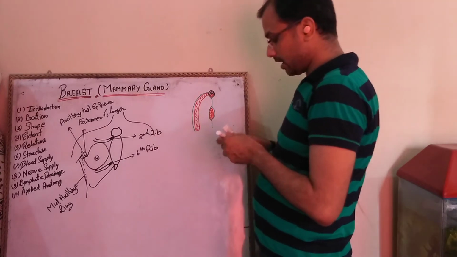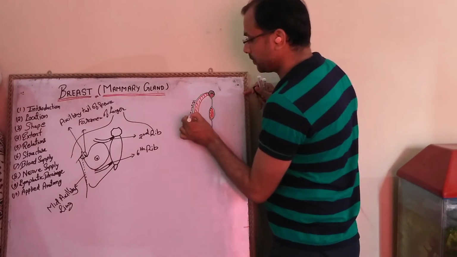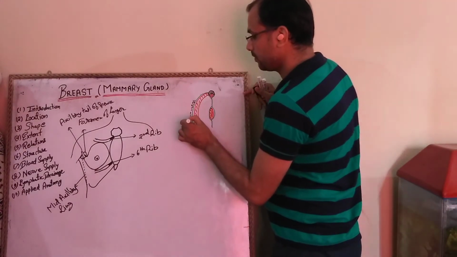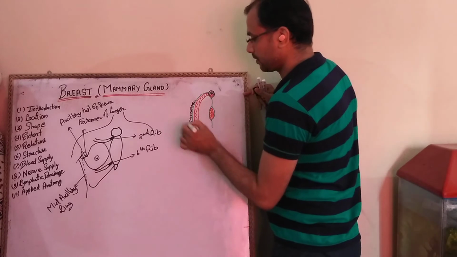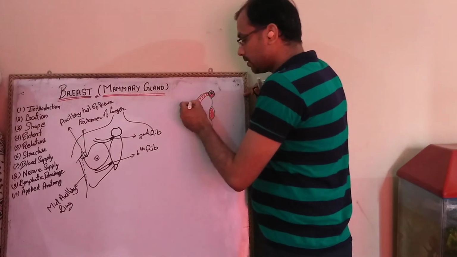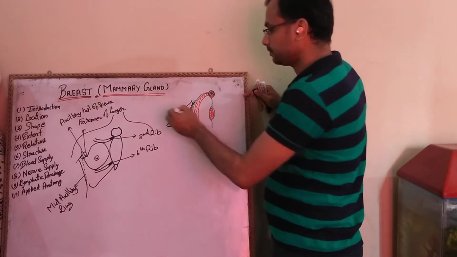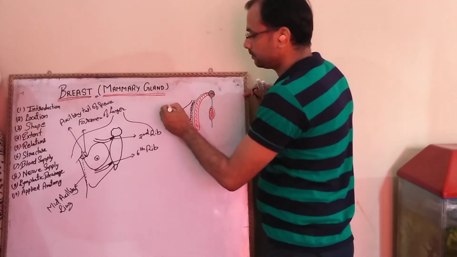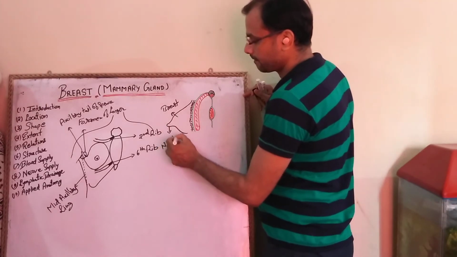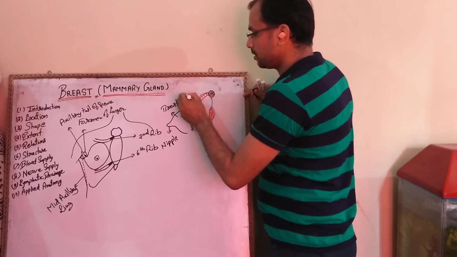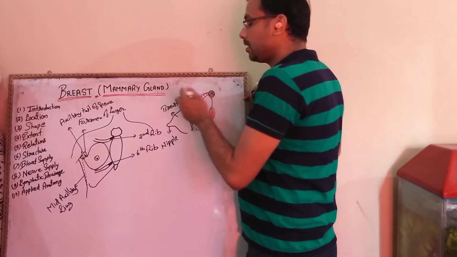Over the pectoral fascia, there is loose areolar tissue. This is the location of loose areolar tissue, a layer of fat. Over the loose areolar tissue is the location of the breast. So this is the breast, this is the nipple, and this space is known as the retromammary space, which is formed by the loose areolar tissue.